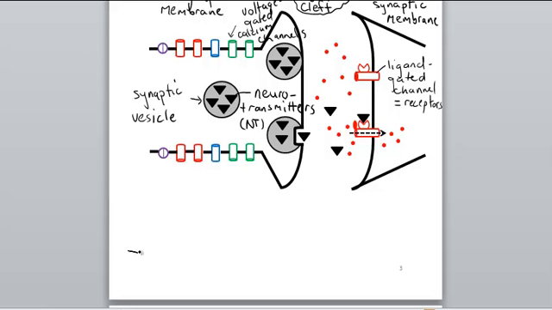That's the end of the mandatory portion, just making you familiar with the structure of the synapse. Part 2 we'll pick up in the next video and discuss how these actually transmit the chemical signal across the synapse.